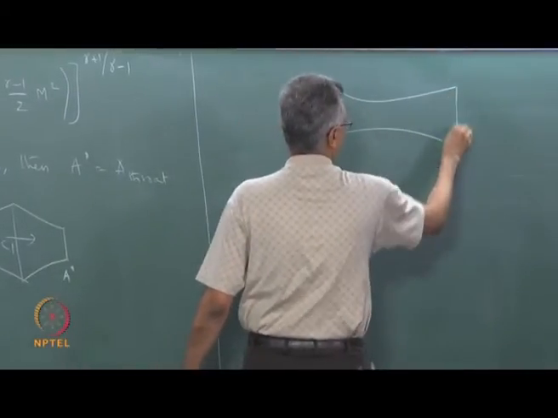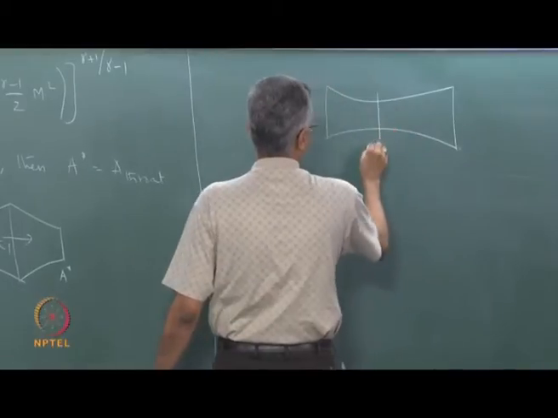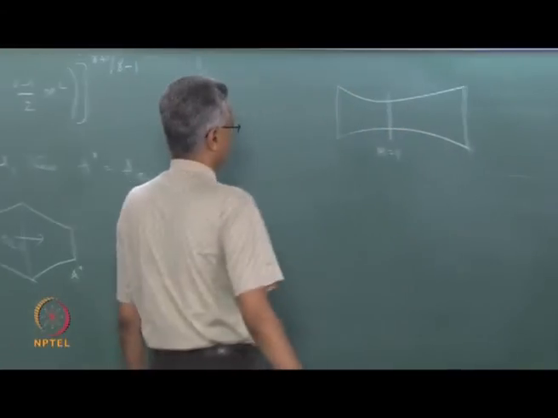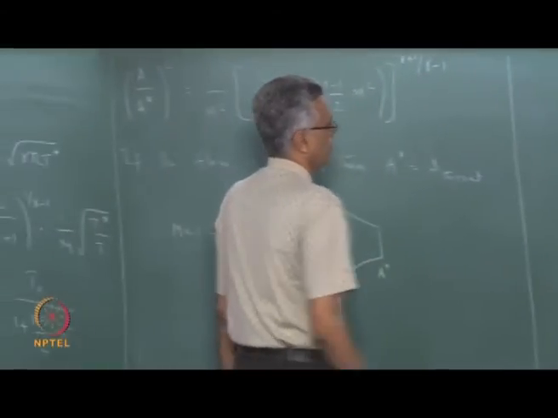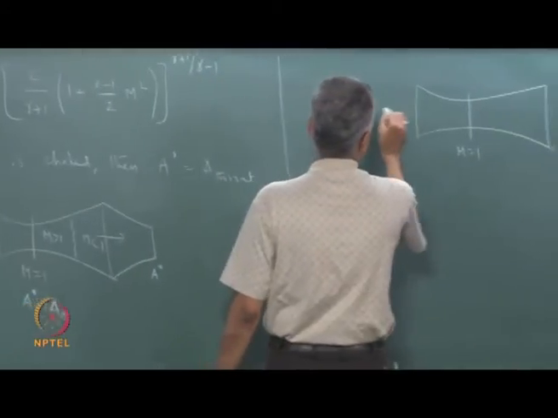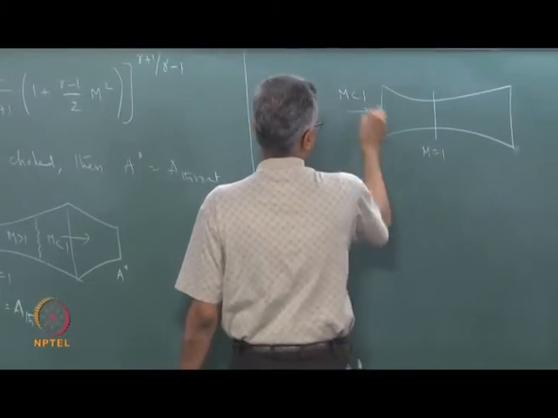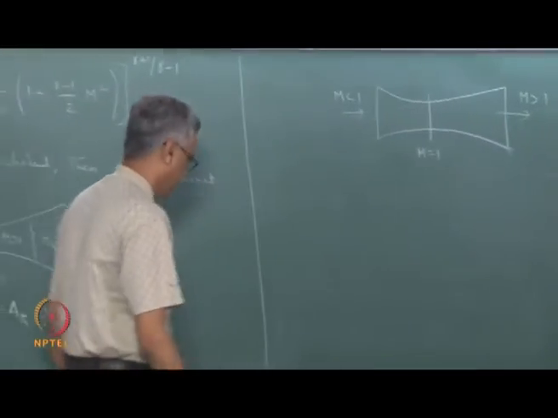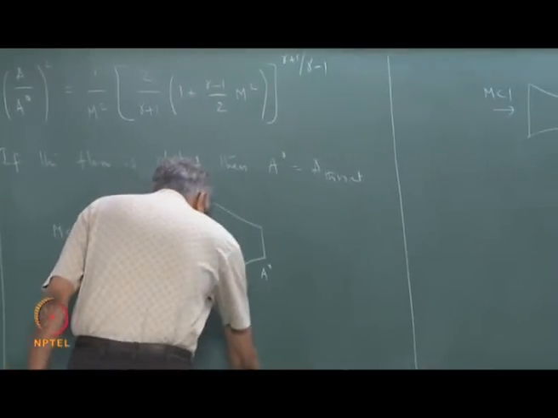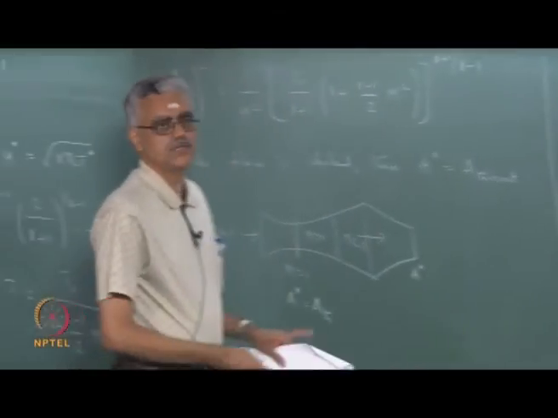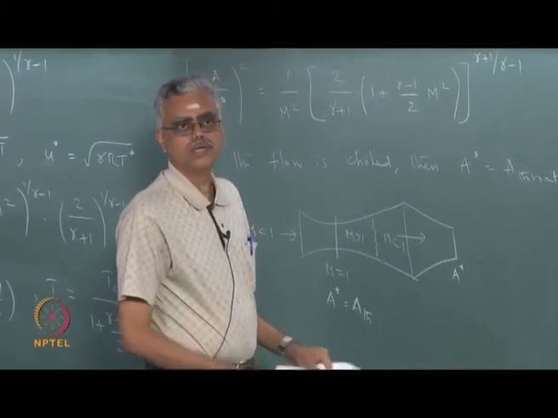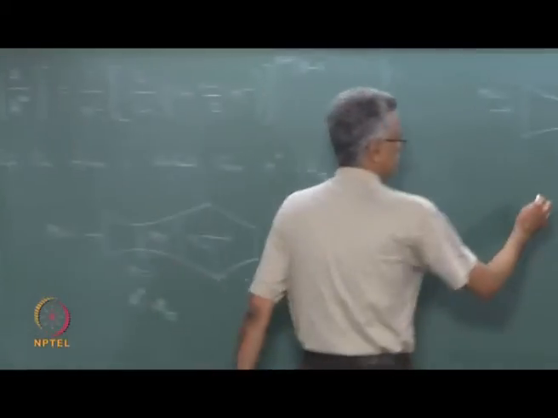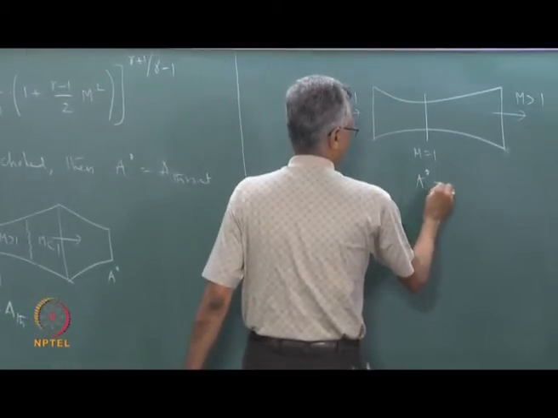So, for example, if you look at a flow situation like this, where M is equal to 1, and the flow enters at a subsonic Mach number and exits with, let us say, a supersonic Mach number, then the A star in this case is equal to A throat, correct?